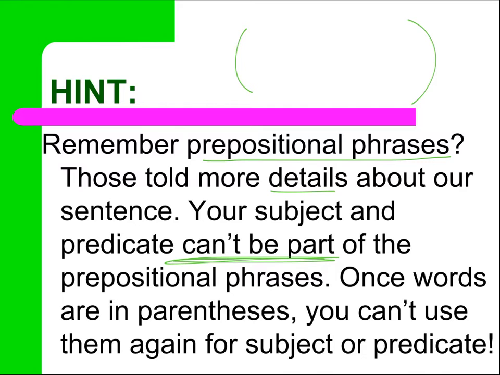Remember, our trick for prepositional phrases was we read the rest of the words outside of the parentheses, and if it made a complete sentence, we knew we were right. Well, that complete sentence is made up of a subject and a predicate. So when you label your subject, predicate, and prepositional phrases, all of them should be separate from each other and shouldn't overlap.